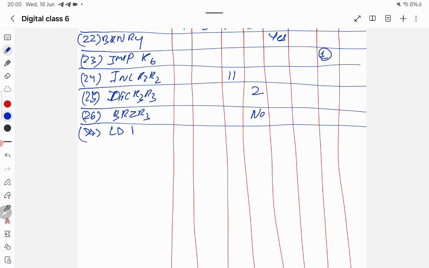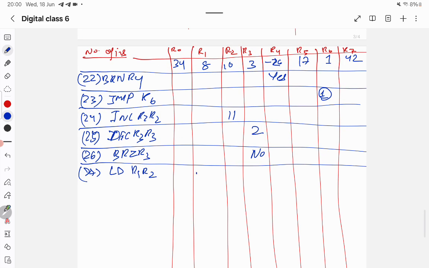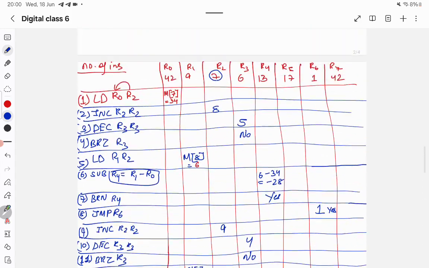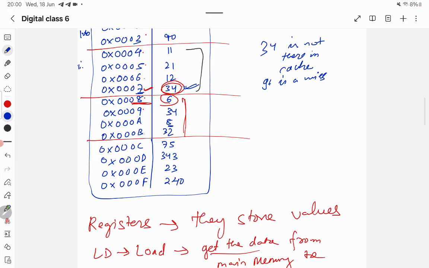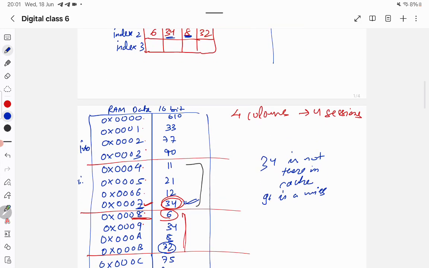Okay, 27. Load R1 R2. Load the value of R2 in R1. So at R1 I will write M of, what is the value of R2? 11. M of 11. So go here, check what is M of 11. This is 10, this is 11. So 32. Is it a hit or a miss?